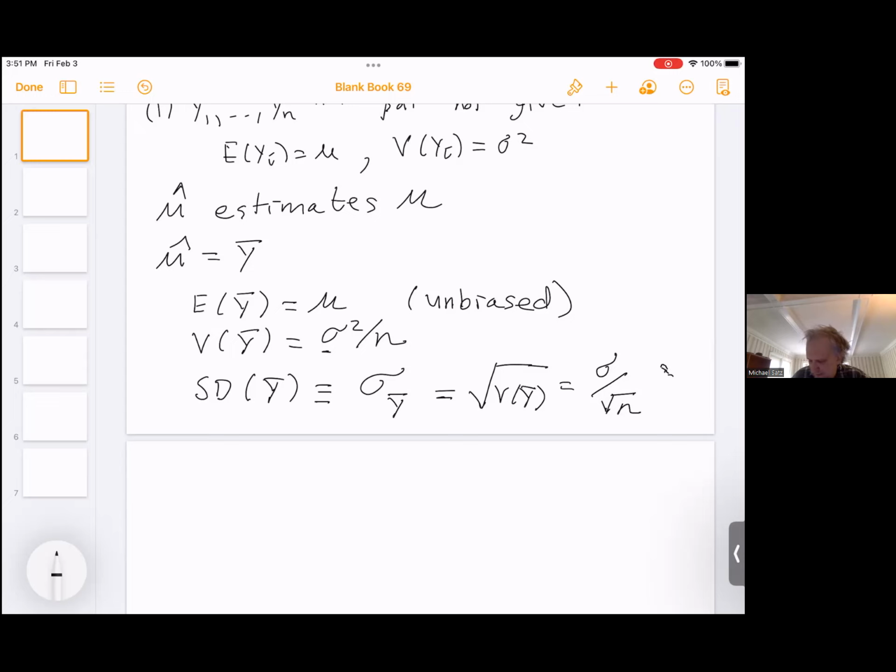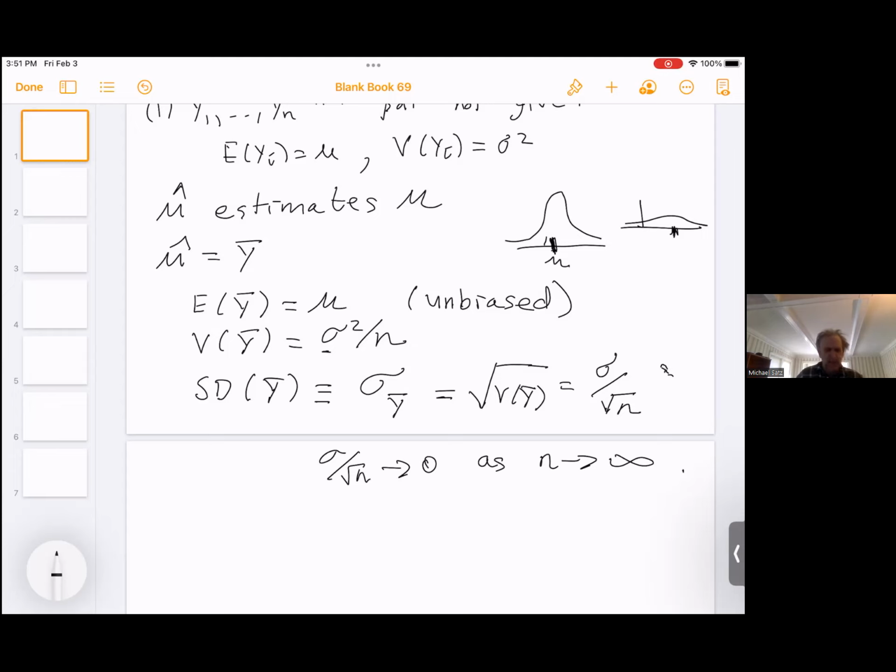We talked about that last time: we want estimators that have a small amount of variance and are centered on the parameter they're trying to estimate. Even if both are unbiased, we prefer the one with the smaller variance. Sigma over the square root of n goes to 0 as n gets large, so it can be made small by taking enough samples.